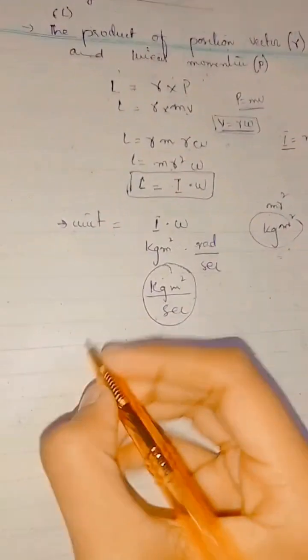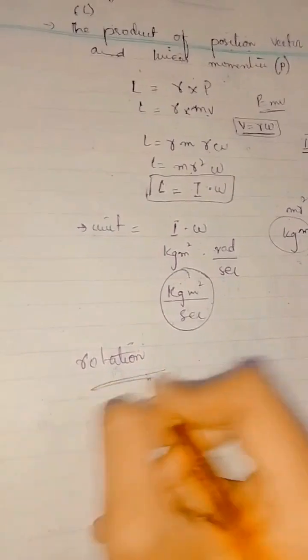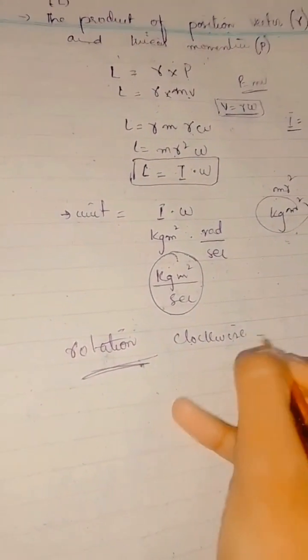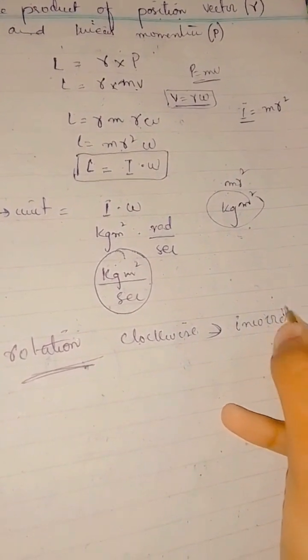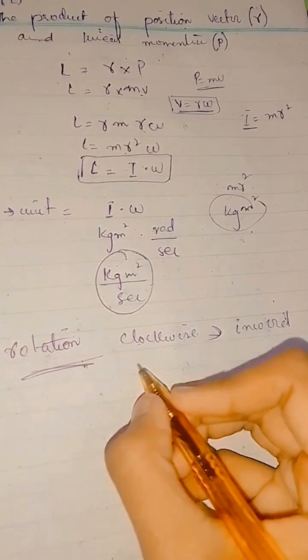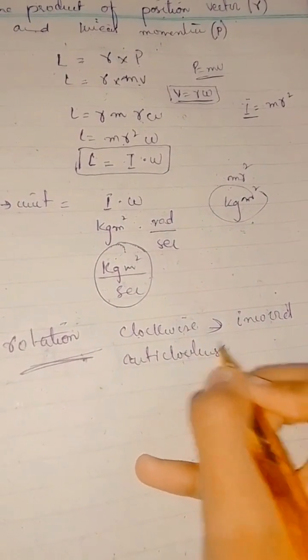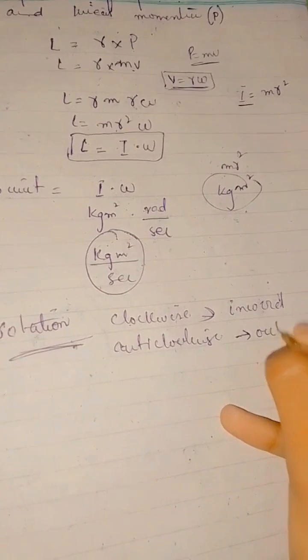If we talk about the rotation of angular momentum, if a body is moving clockwise, the angular momentum will be in the inward direction, and if the rotation of the body is anti-clockwise, the angular momentum will be outward.